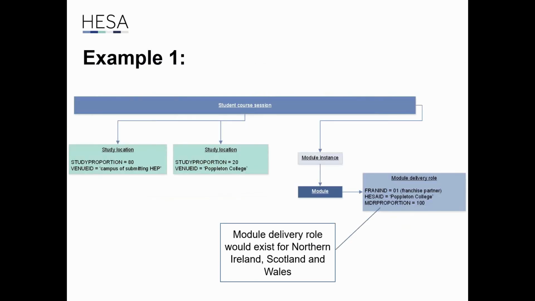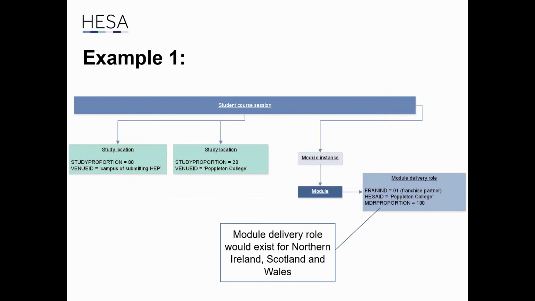Looking at that in other ways, if you were in Northern Ireland, Scotland or Wales, you don't have that course role. And so then the study location, again, might be 80% at the campus of the submitting provider, and then the study location for the 20% at Poppleton College.